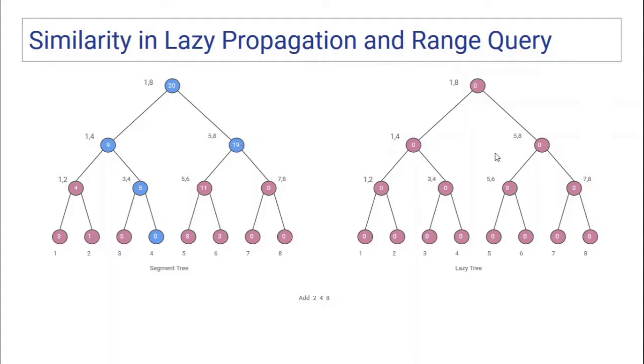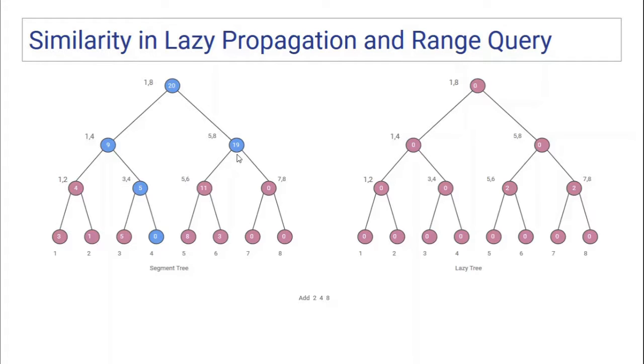So in your lazy tree, in the left and the right child of this node, you would write down the pending updates. So you would add 2 and 2 here, indicating that this range needs to be updated by 2 and this range needs to be updated by 2, right? So we have come down only till here, and now we have updated this node, and for the rest of the nodes I do not need to go further down.